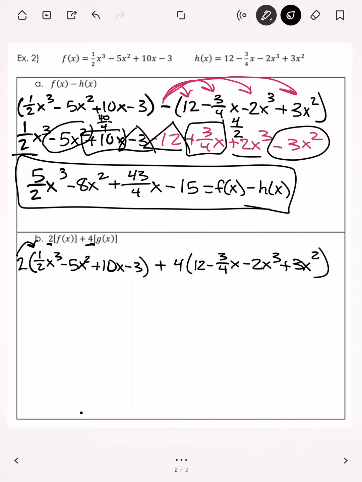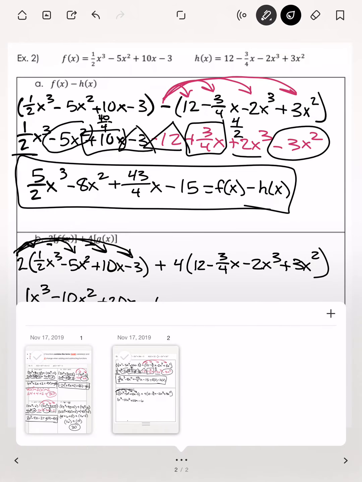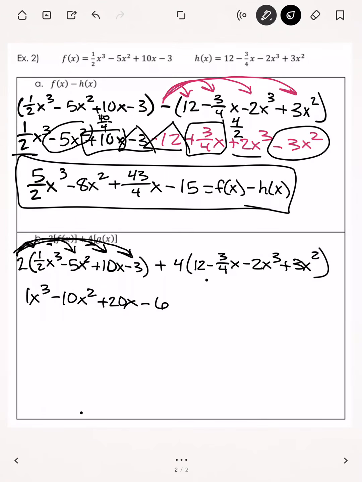So 2 times 1/2 is a 1x cubed, or just an x cubed. 2 times a negative 5x squared is a negative 10x squared. 2 times 10x is a positive 20x. And 2 times a negative 3 is a negative 6. Okay, then I have to distribute this 4 to the h function.